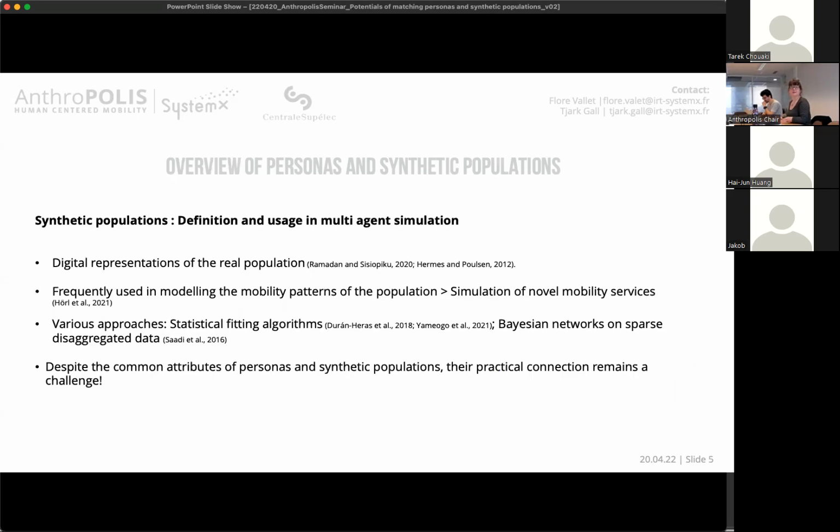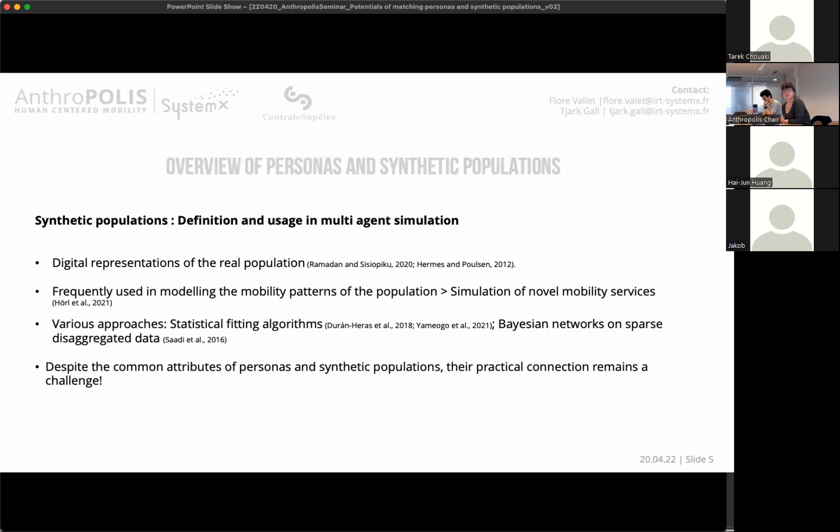And on the front of synthetic populations, what is it and how is it used in multi-agent simulation? I'm not the expert on that part, so I will just give you the streamlines.